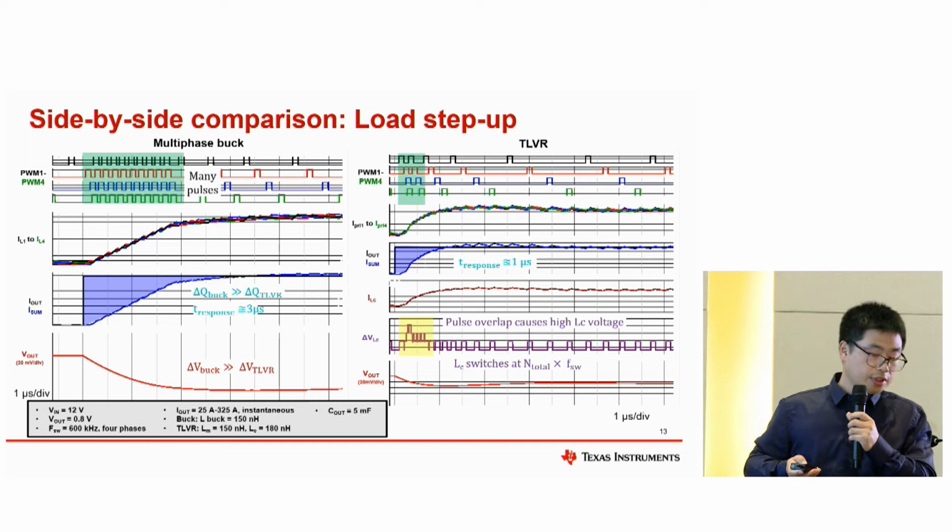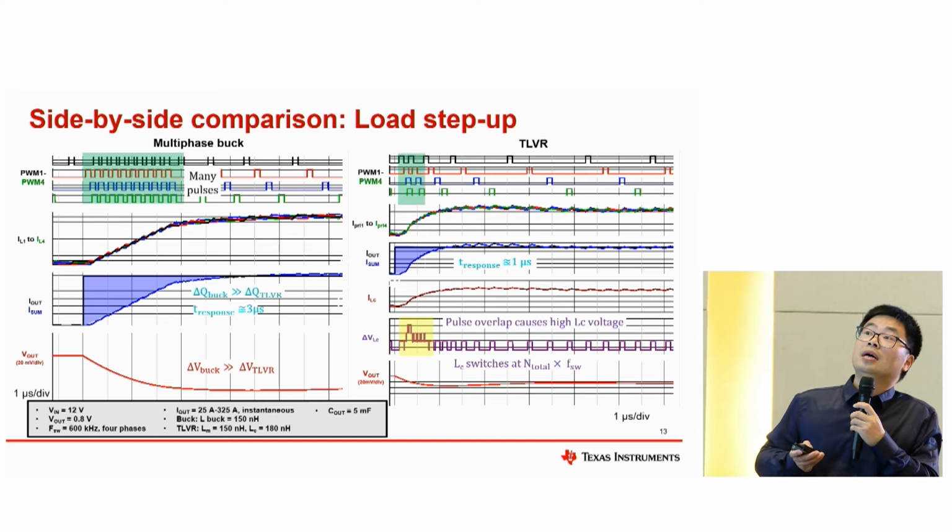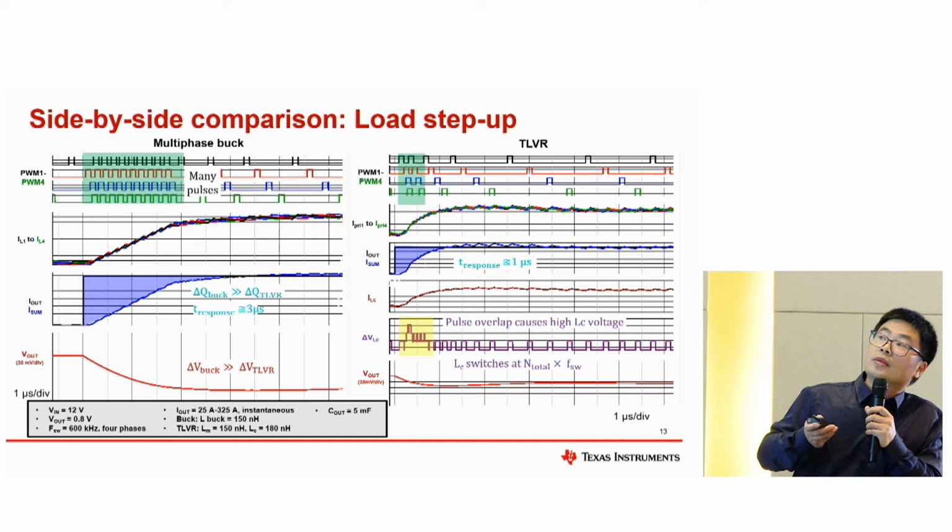Here we do a simulation with the same input and output voltage, the same load step, the same output capacitance, and also the same inductor. But we can see the difference here.